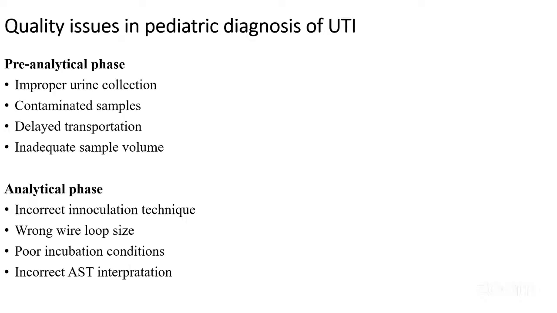A few quality issues we encounter when dealing with pediatrics. In the pre-analytical phase, it's improper urine collection. Maybe you've given a guardian a container. They'll advise the kid to urinate in the potty, and then transfer it into the sterile urine container.